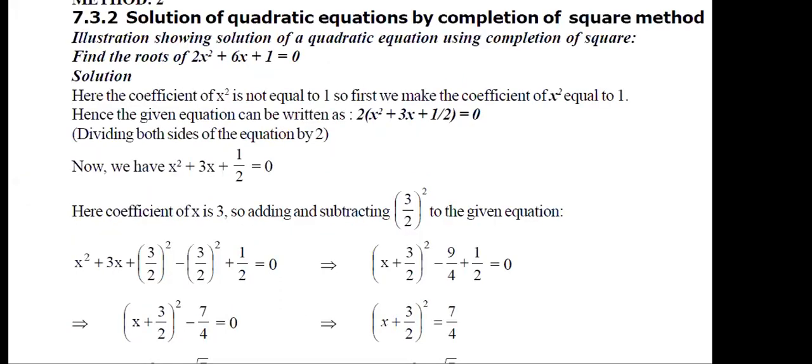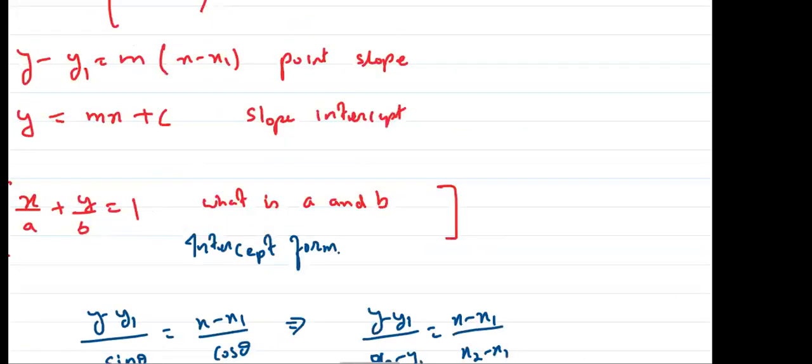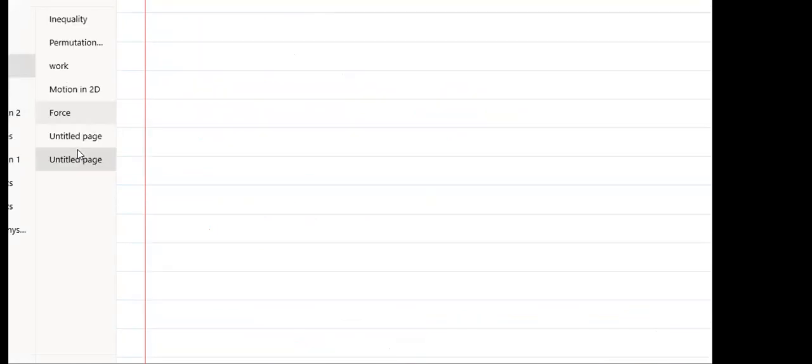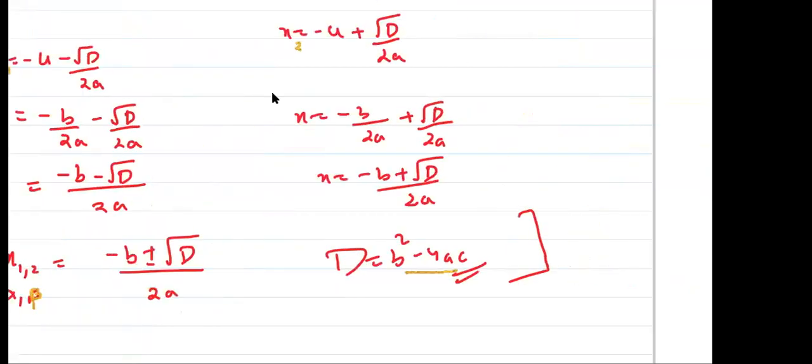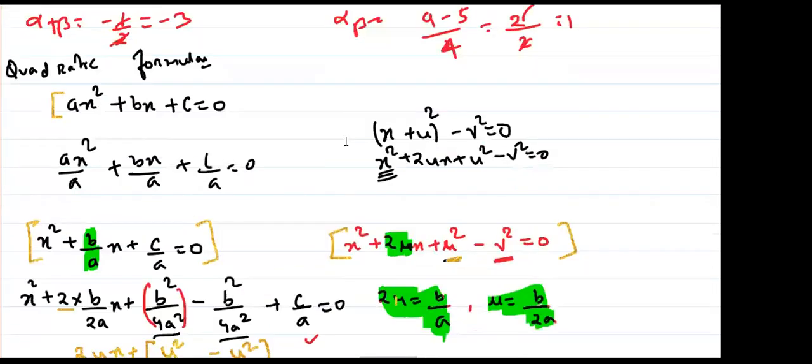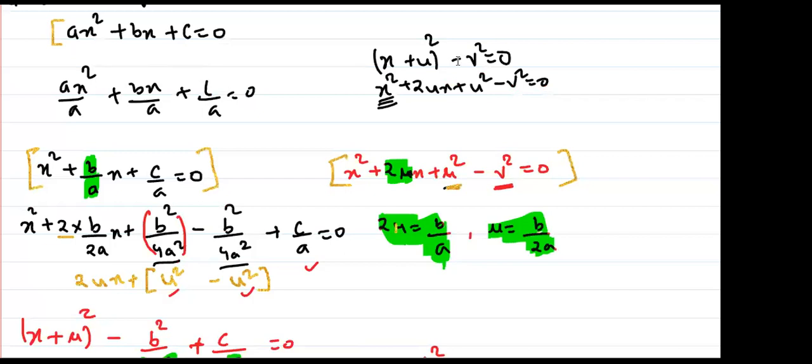Now, the second method is comparatively difficult, usually difficult for the students, which is completing the square. When you talk about completing the square, whatever equation I'm having, I have to convert every equation into this form: x plus u whole square minus v square is equal to 0.